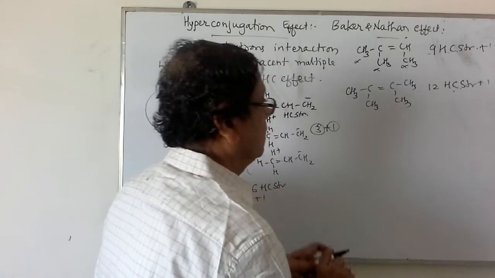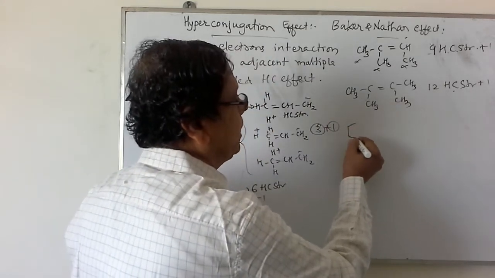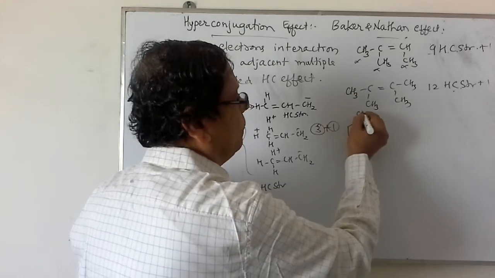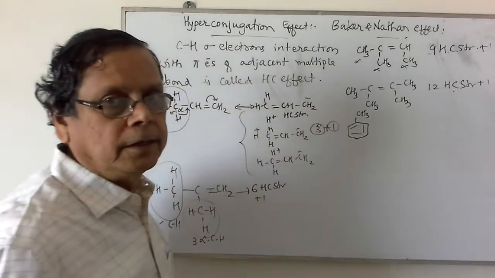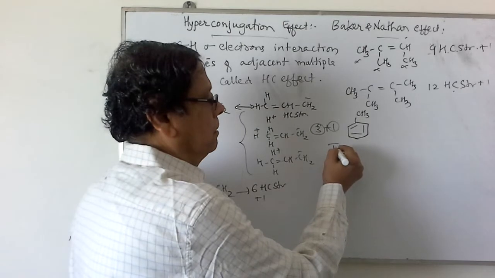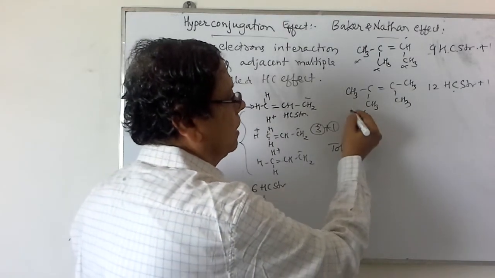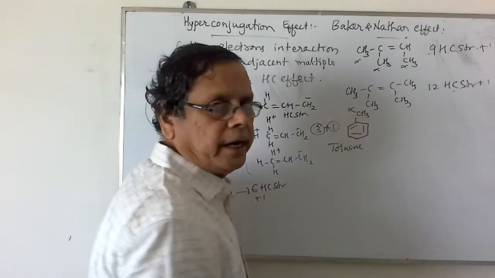In the case of this aromatic compound containing alpha hydrogen atoms, this is toluene. In toluene, there are only 3 alpha carbon-hydrogen bonds.